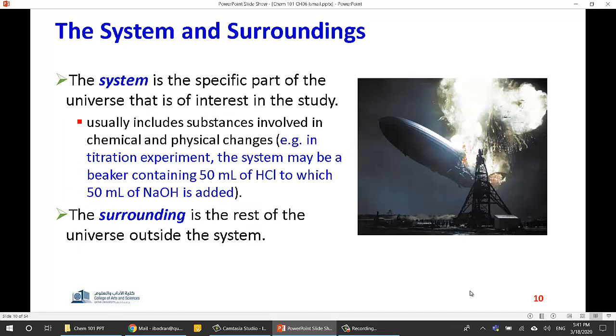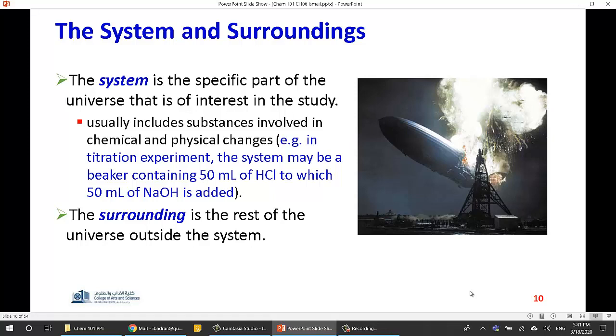In this chapter, we're going to talk about what we call the system and the surroundings. The system is the specific part of the universe that is of interest in the study. You can imagine the system as anything you like. If you're a chemist, then your system might be a beaker. And this beaker is surrounded by other things like the air around it and the container and all that.